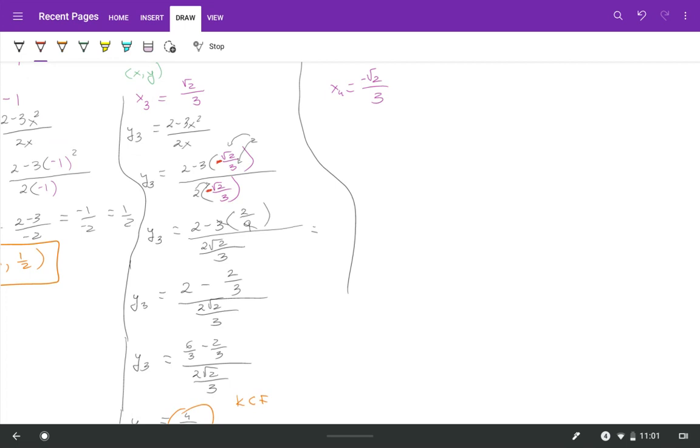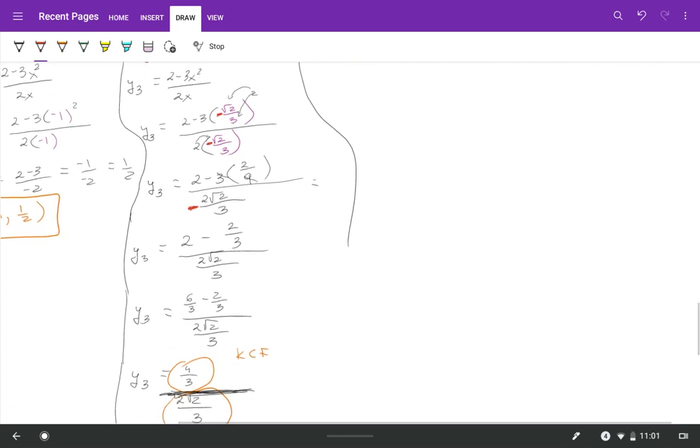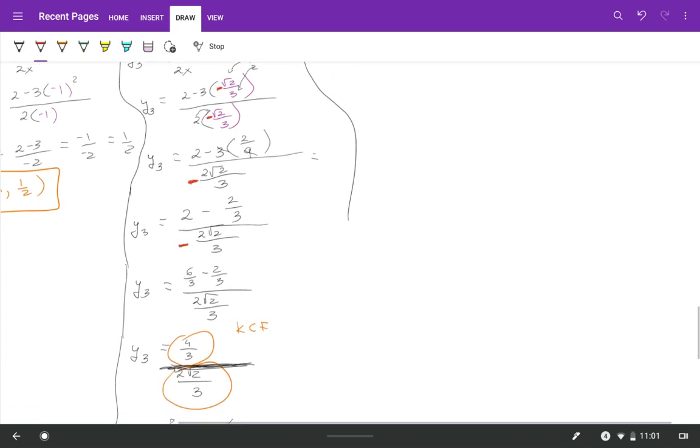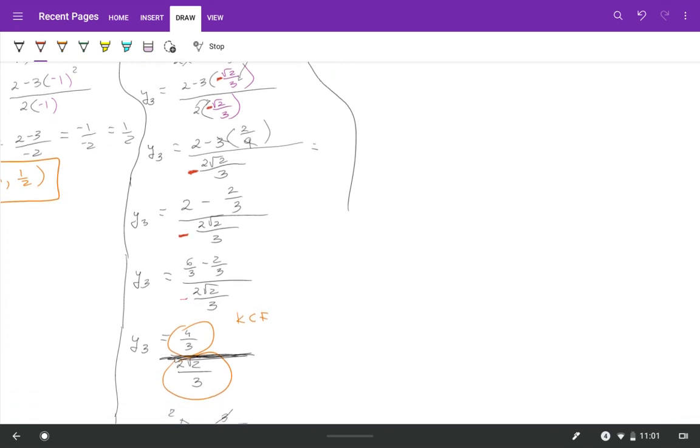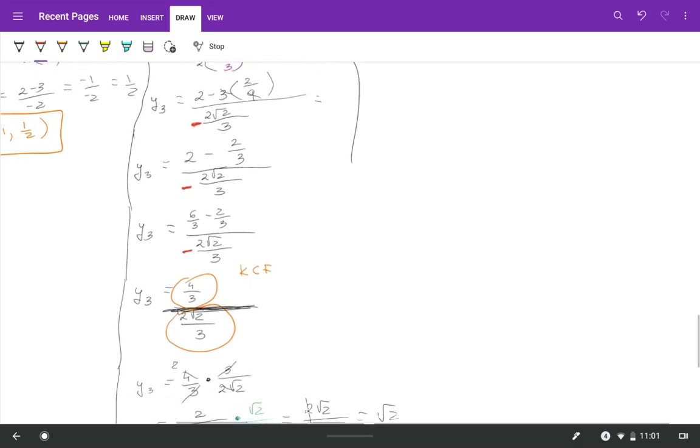Then when we simplify, that still will be positive here. This part will be negative. So here it's correct. This part will be negative. This one will be correct. This one will be negative.